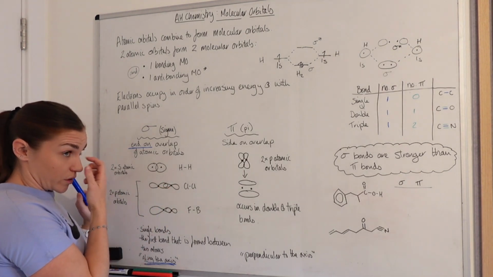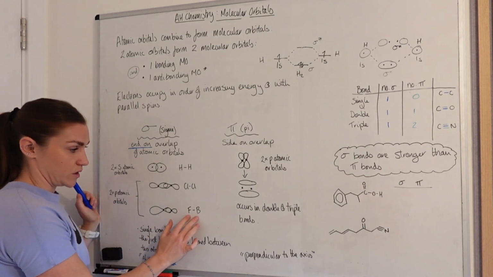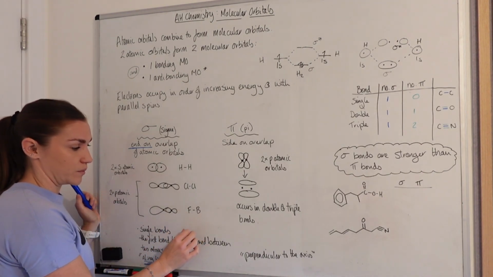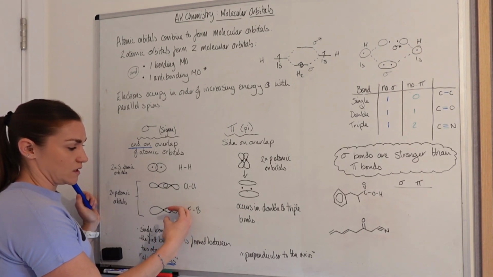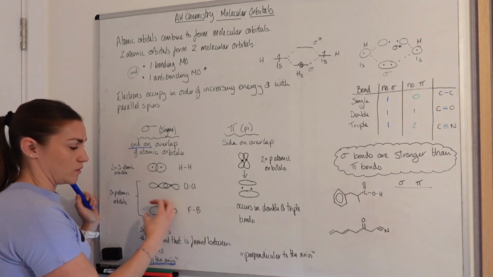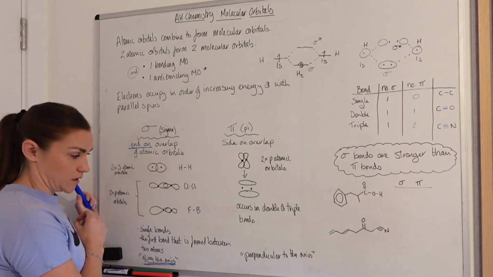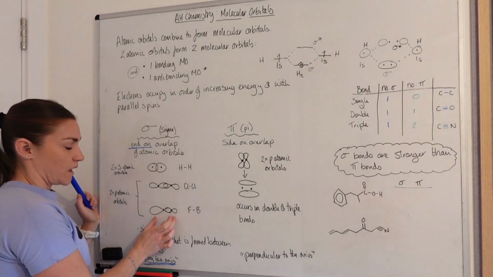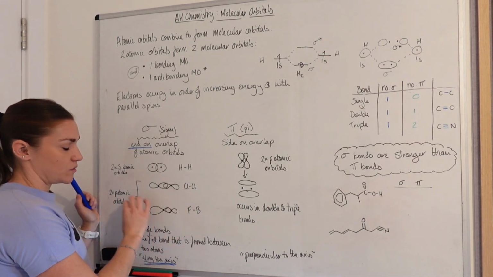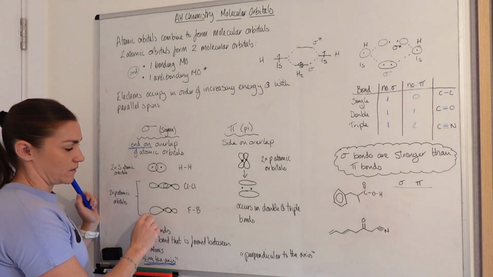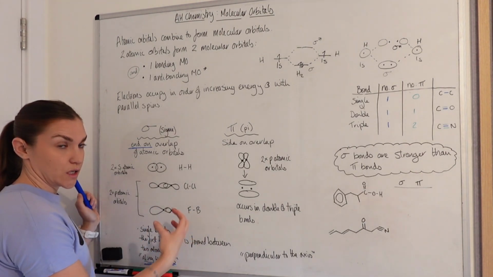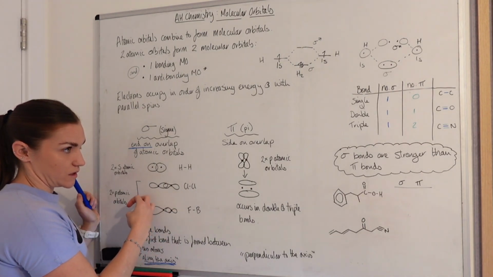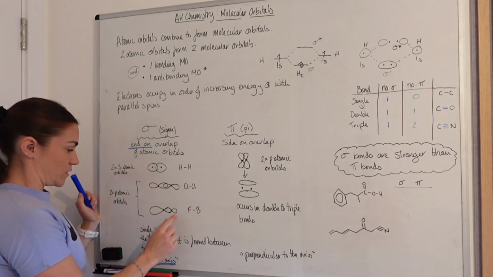If you have a polar covalent bond, which is the case in this fluorine to boron bond, fluorine is much more electronegative, so the electron density involved in the bond is going to be pulled more across to the fluorine side. So if you see the electron density being unevenly distributed in a sharing electron density diagram, that means it's a polar covalent bond, because one atom is attracting more electron density within the bonding than the other.